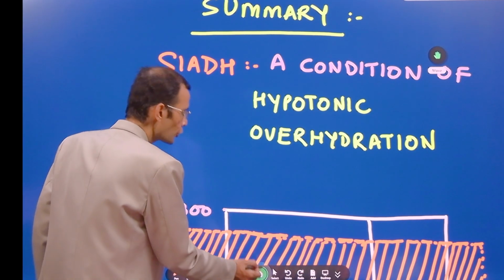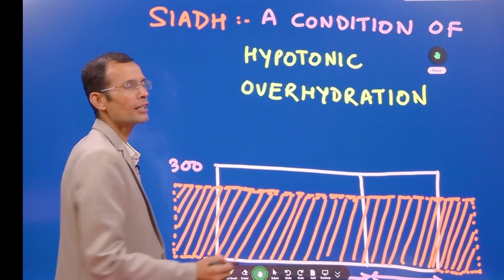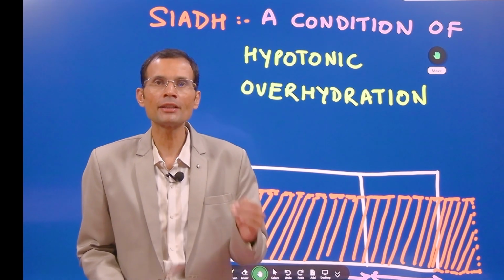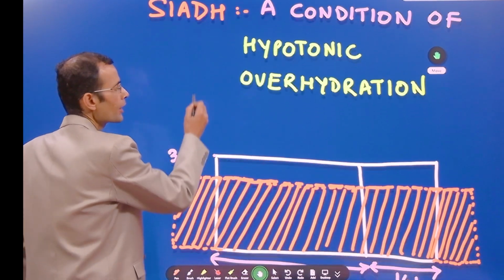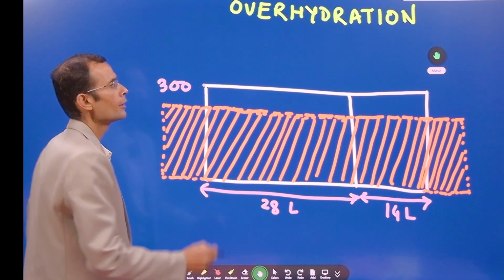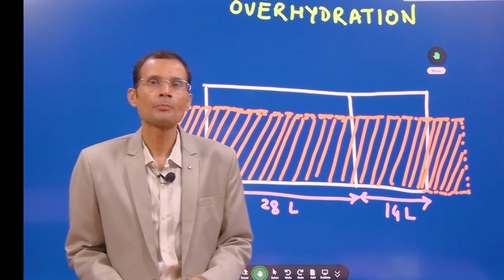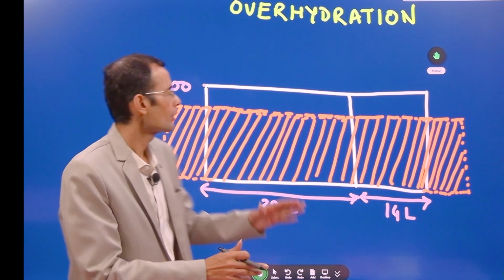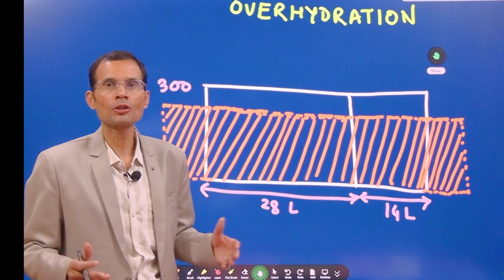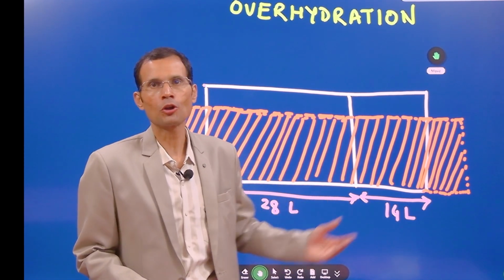And how do you show hypotonic overhydration with a Darrow-Yannet diagram? We have done this even at the first prof level, Darrow-Yannet diagrams to show the condition and how the water is lost or gained and what happens to osmolarity.